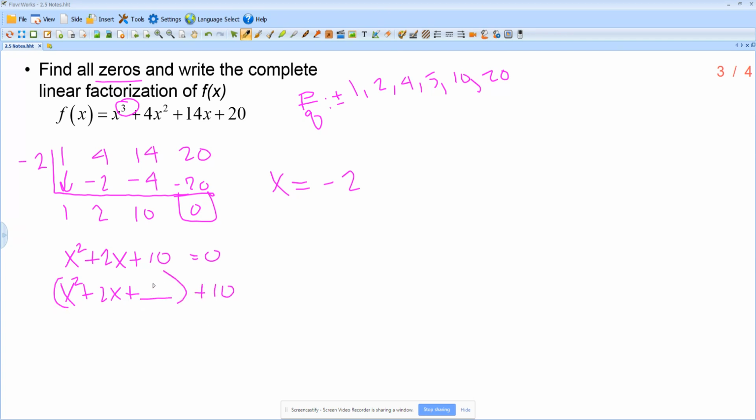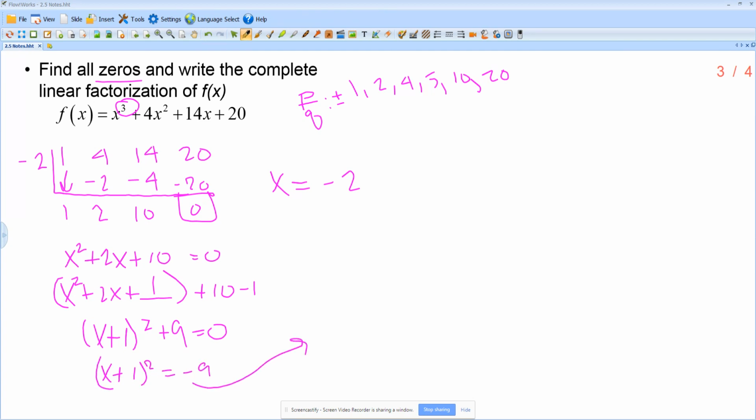Half of 2 is 1, squared is 1. So I just threw in a positive 1. I balanced that by subtracting 1. I get x plus 1 squared plus 9 equals 0. So x plus 1 squared equals -9.